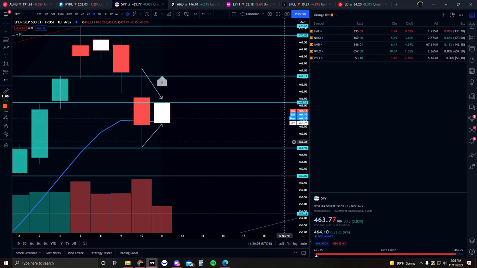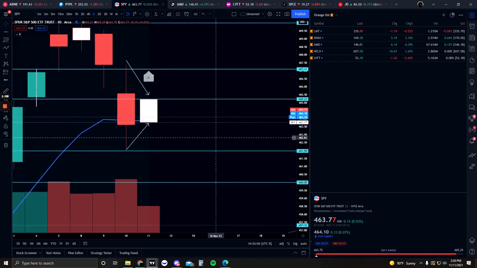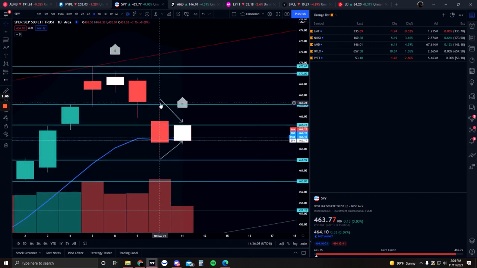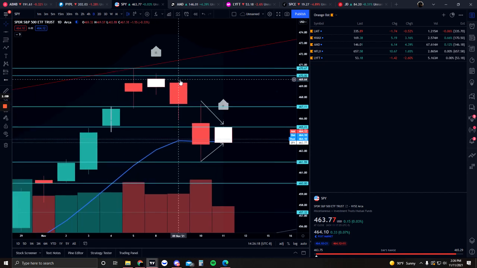That's a good one to test. And now you can use its previous moves. So you have 467 all the way down to 462. That's a $5 move. Now you go to the next one, 469 to 465.